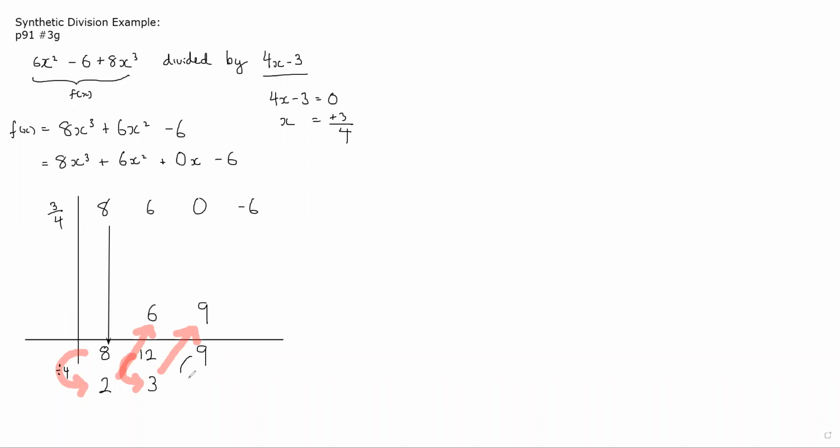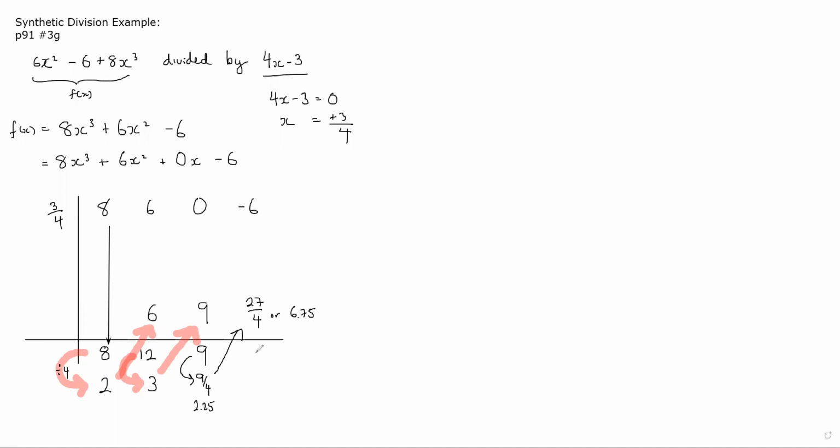Again, divide by 4. That's 9/4 or 2.25, whichever. And that number then is going to be multiplied by 3, which gives us 27/4, or 6.75.